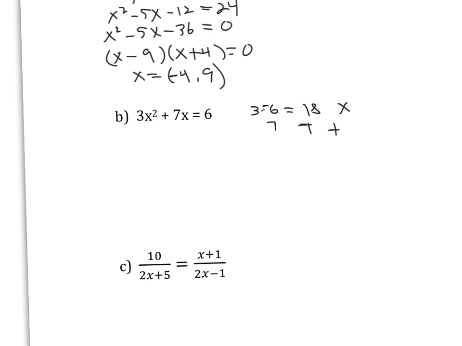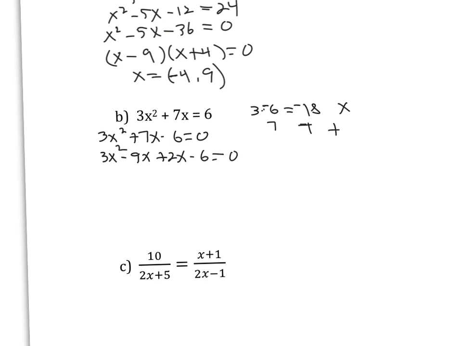The reason it's going to be negative 6 is because we subtract the 6 from both sides. We're going to get 3x squared plus 7x minus 6 is equal to 0. So the two numbers multiplying to negative 18 and adding to 7 are going to be negative 9 and 2. So we're going to split this 7x into negative 9x plus 2x minus 6 equals 0.